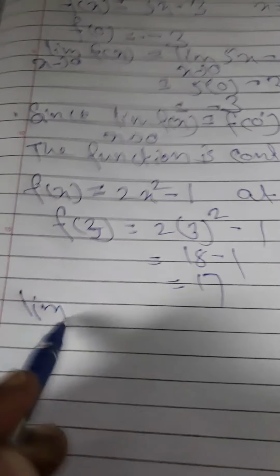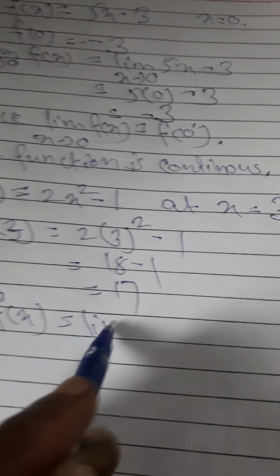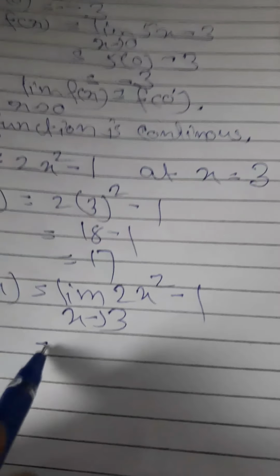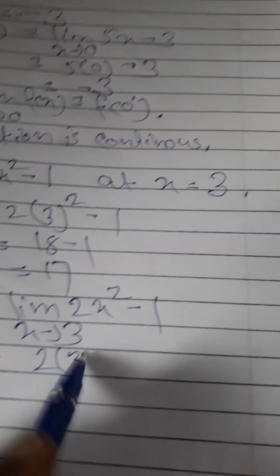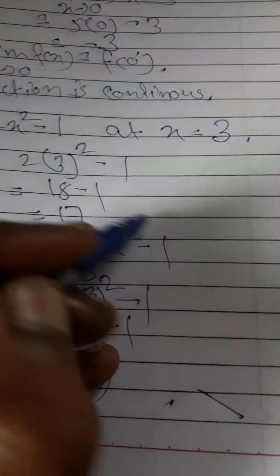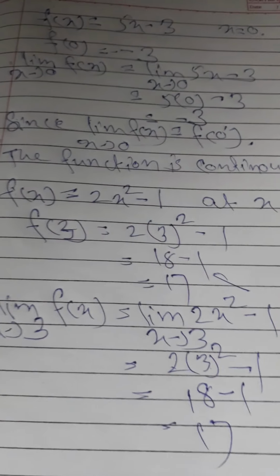Also here you can directly substitute: limit of f of x as x tends to 3 is equal to limit of 2x square minus 1 as x tends to 3, that is 2 into 3 square minus 1, the same thing, 9 into 2 is 18, minus 1, that is equal to 17. So here both the answers are one and the same. So here also we say that the function is continuous at x is equal to 3.